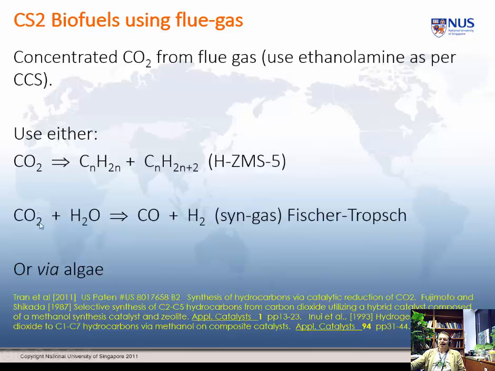Or you can use your carbon dioxide to make syngas, which then you can use Fischer-Tropsch, or of course via algae. So a whole number of routes to make biofuels. We've done quite a lot of work on the economics of Fischer-Tropsch. I'm not going to talk about that here. I will talk about it in energy resources.